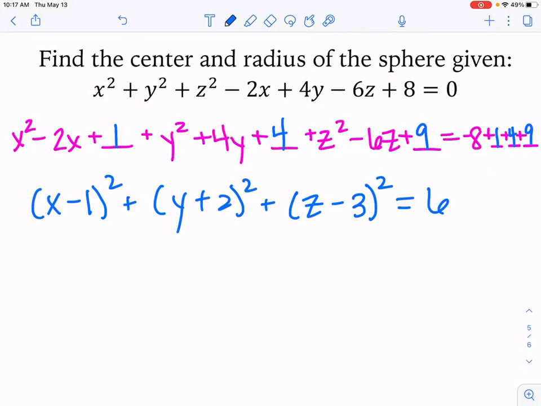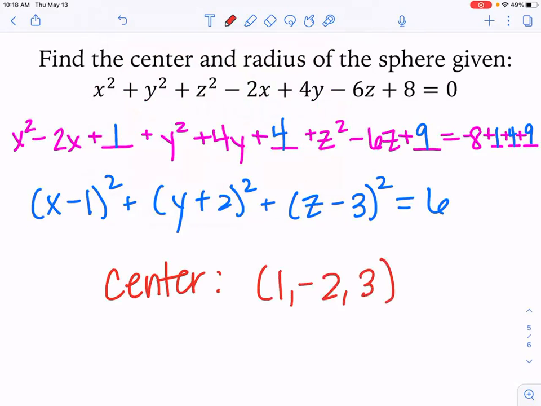Okay, now, I sort of care about that, but what I really want is the center and the radius. So we need to pick out that our center is at 1, -2, 3, and our radius is the square root of 6. Remember, this is r squared. So the square root of 6 will be our radius.